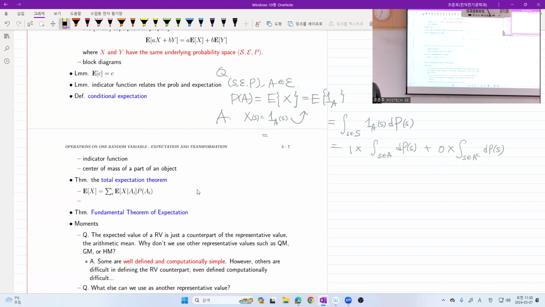And what is the first term? This is simply the probability of event A, right? So by using the indicator function with subscript the event A, you can link the probability measure and the expected value of a random variable.